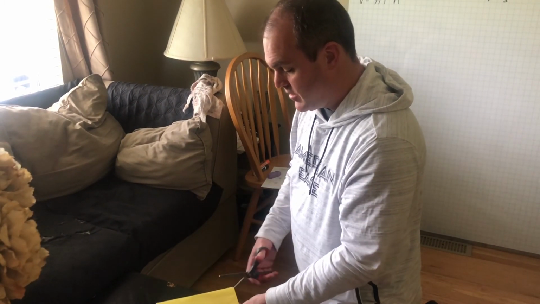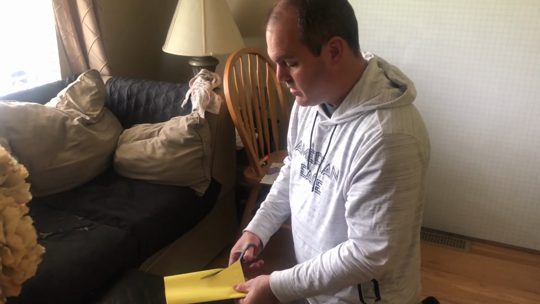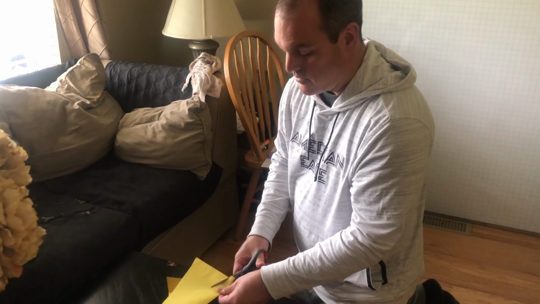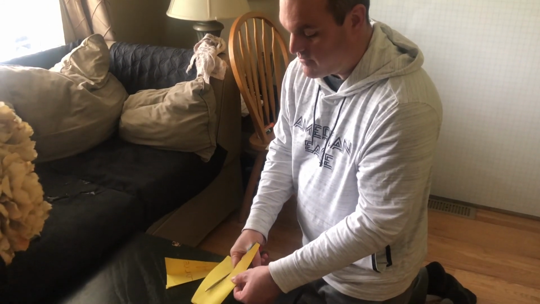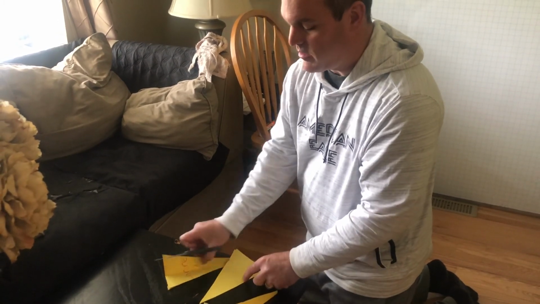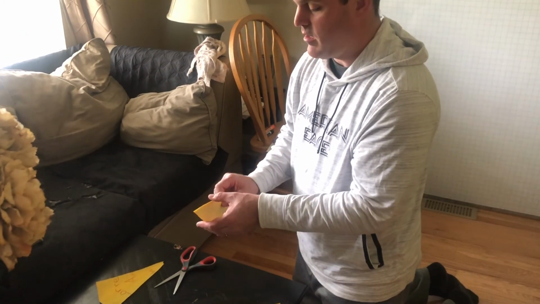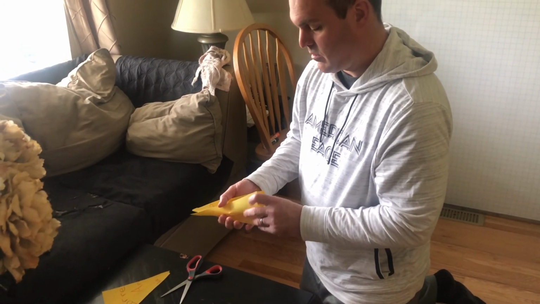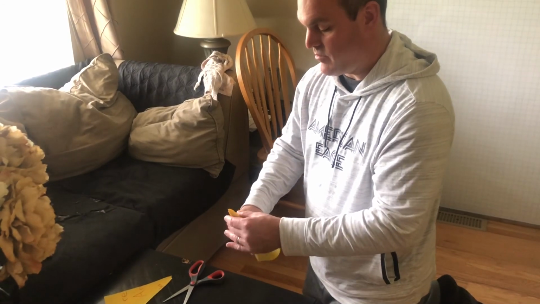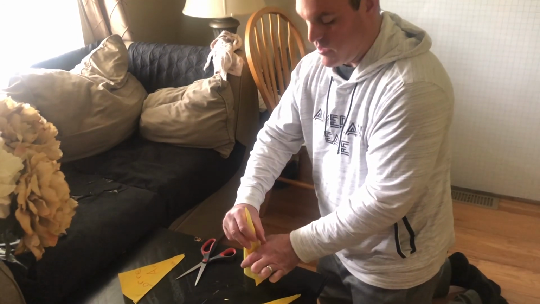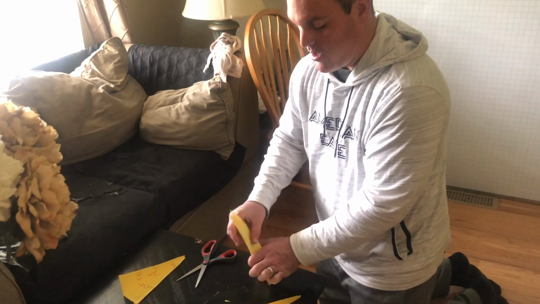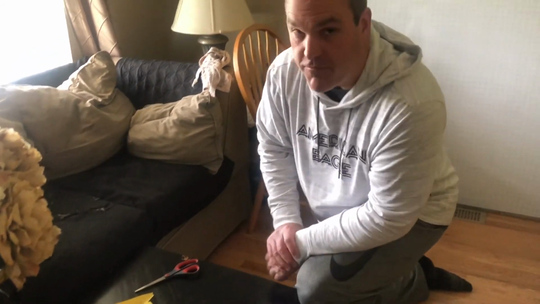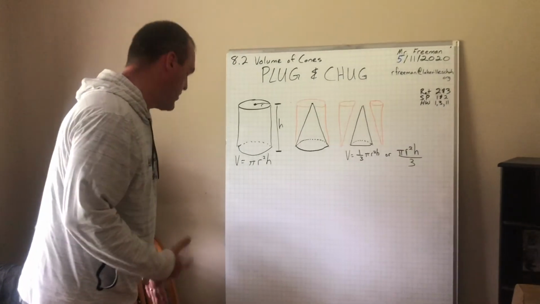But if I took a cylinder and I roughly cut it into 3 pieces, if you use your imagination a little bit, what's left would be the cone that stands in the very middle of it. Okay, a real rough visual representation, but hopefully you can kind of see how they get the formula for a cone by doing it that way.